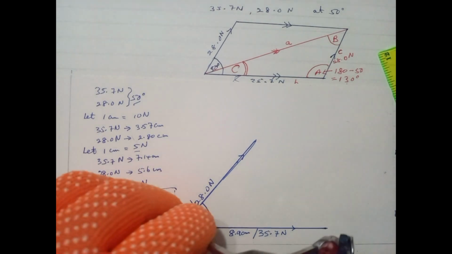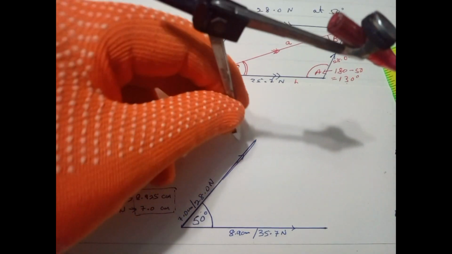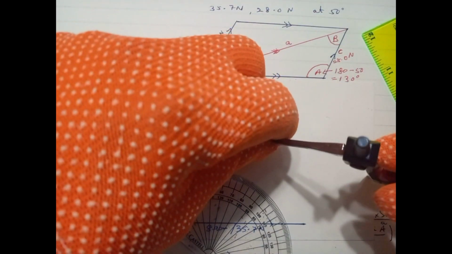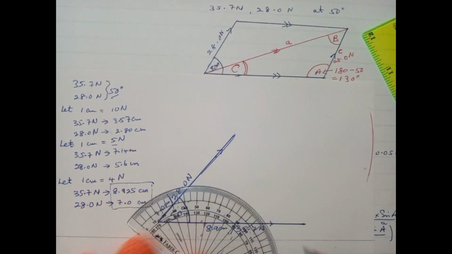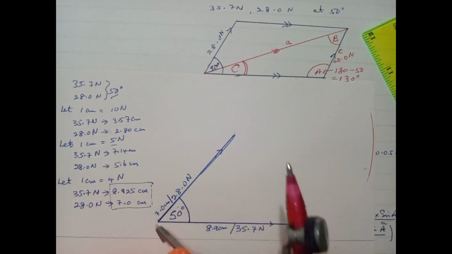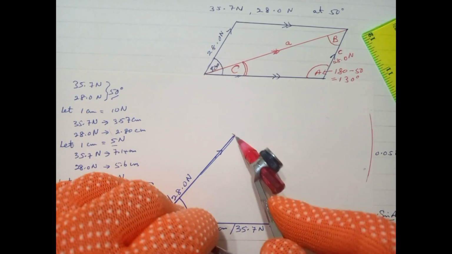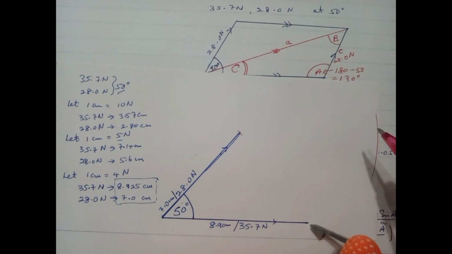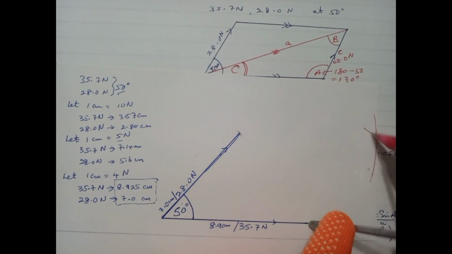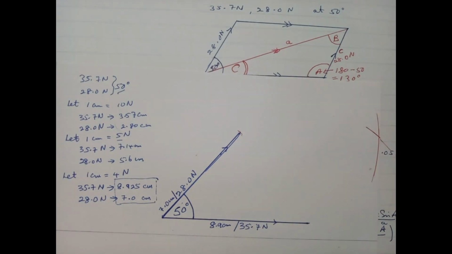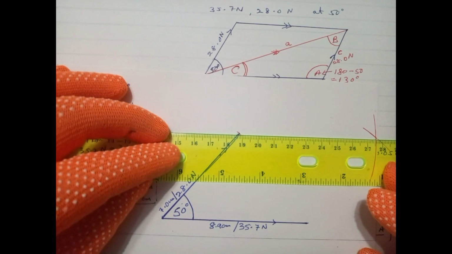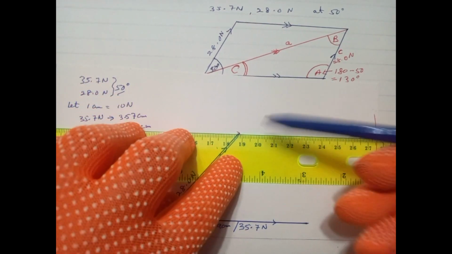This comes up here, 8.9 centimeters, and then we come from this end, mark off that 7 centimeters. Where these two arcs meet, we draw a line from here to there.